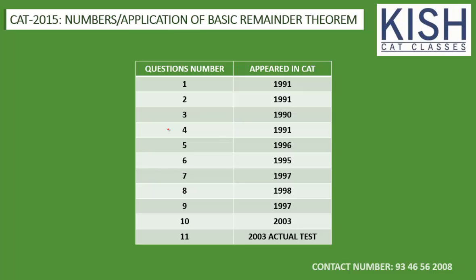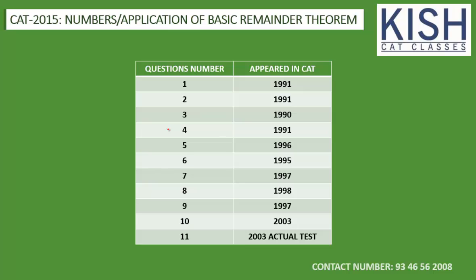Now after 2003, we don't have any questions coming from the basic remainder theorem of numbers. Numbers itself has got 8-9 different concepts. How can they give one difficult question on every single concept? Why we had no question after 2003 is quite simple.